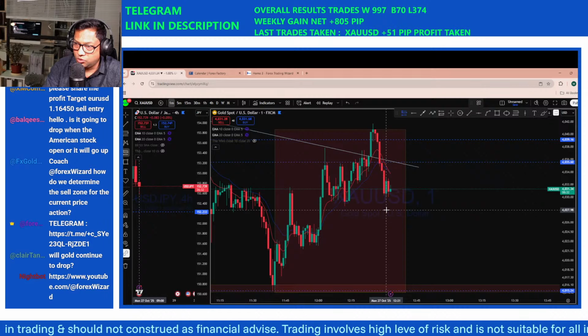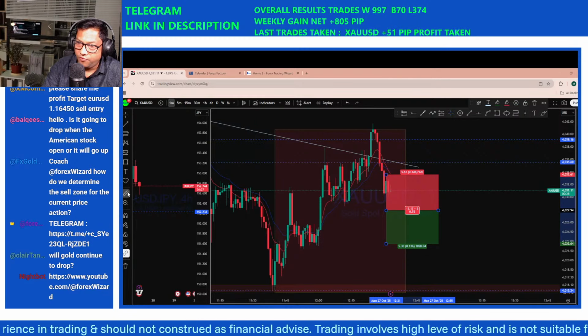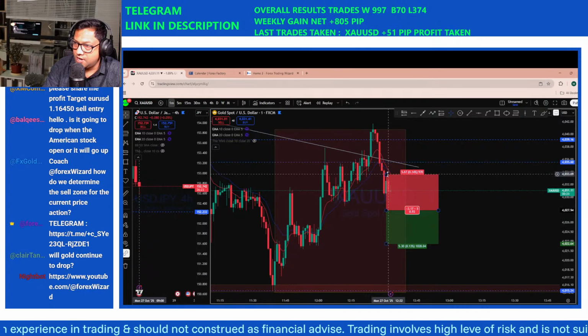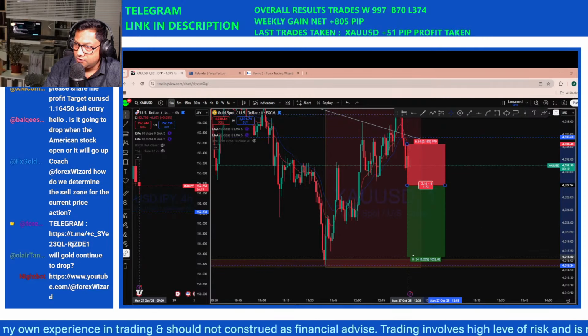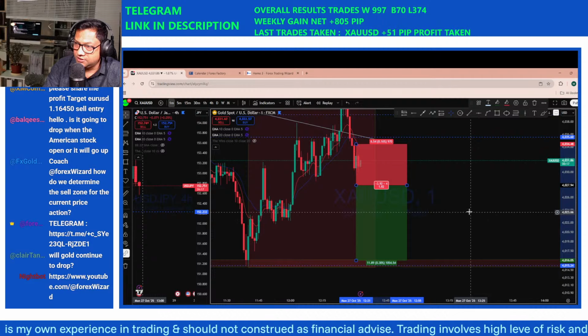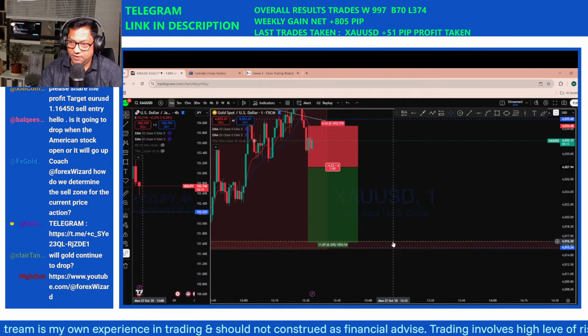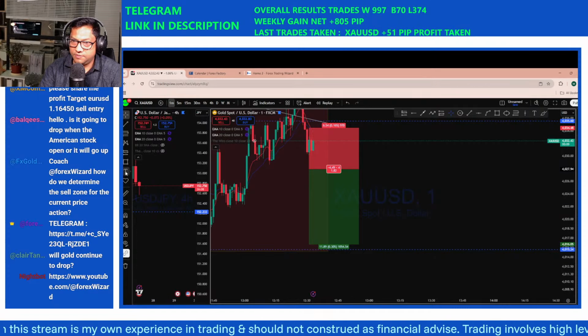Once the market manages to break below here, we'll be entering the trade for this potential sell with a tight stop loss. We target this support level here, and we can extend some partial move if we see the market has managed to drop back below this support level here in that market.